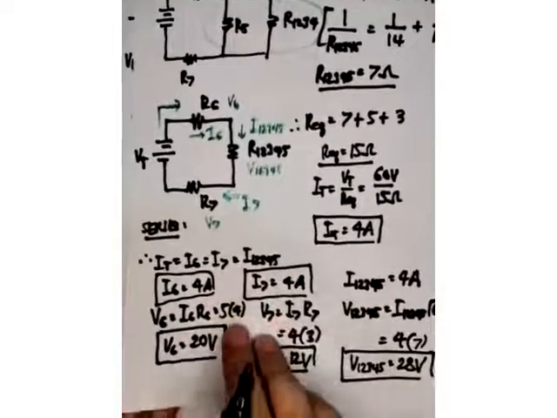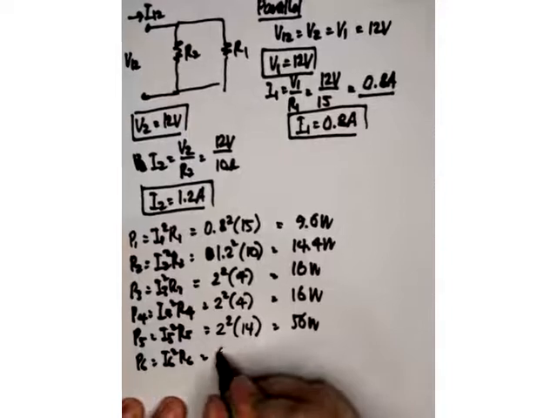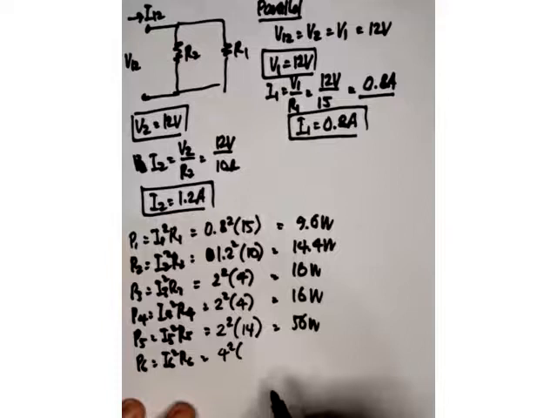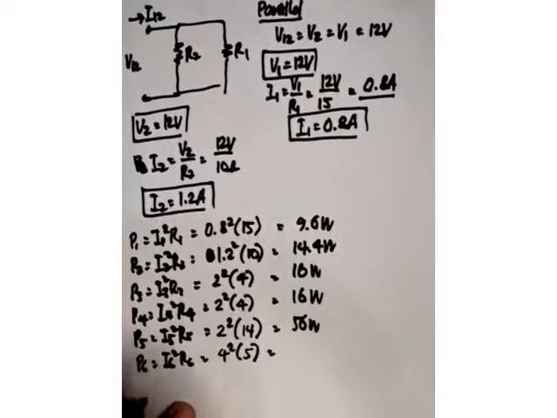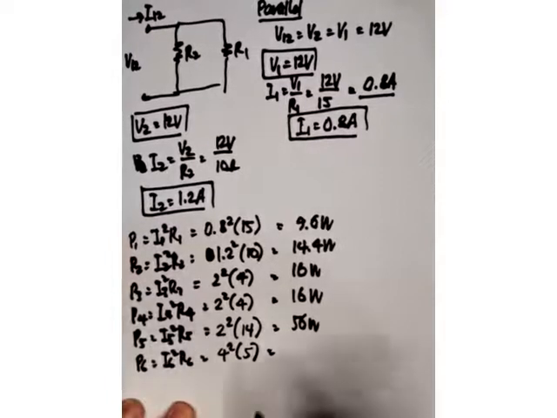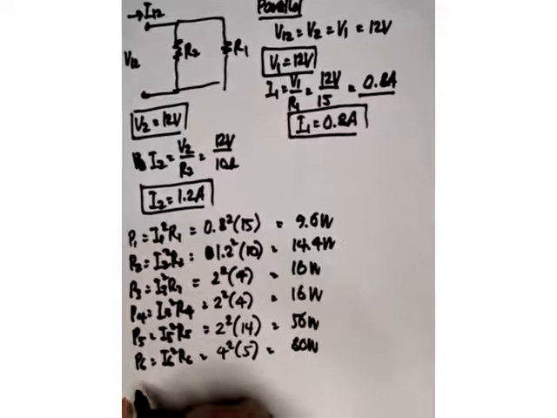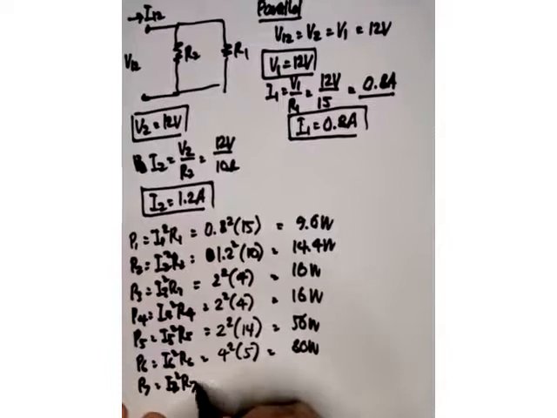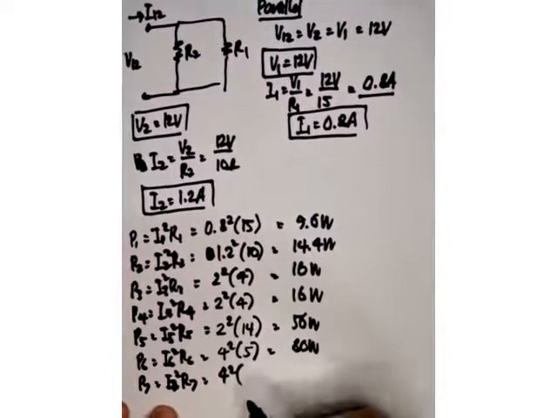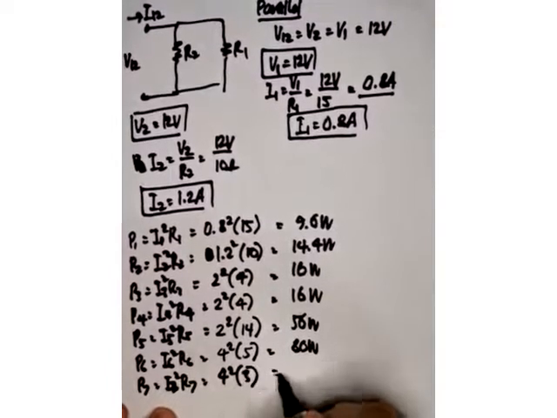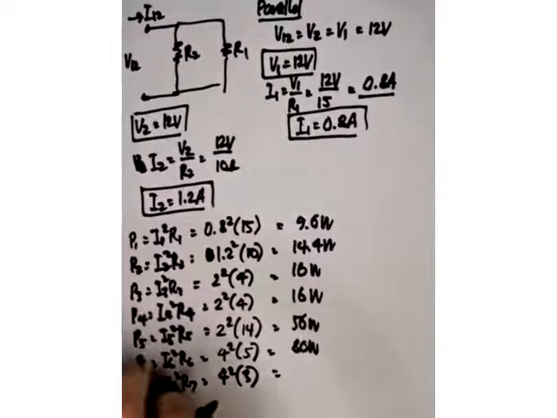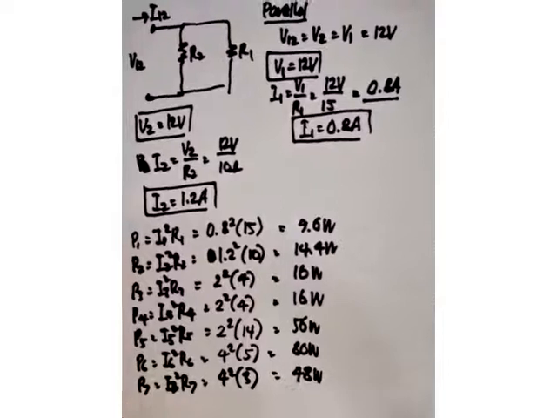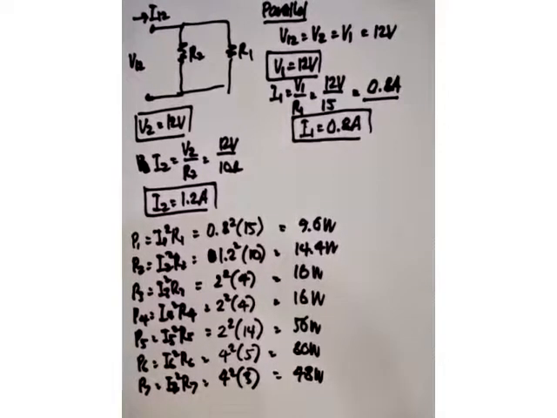I7 is also 4. The 4 squared times R6 is 5. 80 watts. Okay, and then P7 is I7 squared R7. That's 4 squared times 3. 48 watts. Okay? So, yun yung mga power absorbed by each of the resistors.